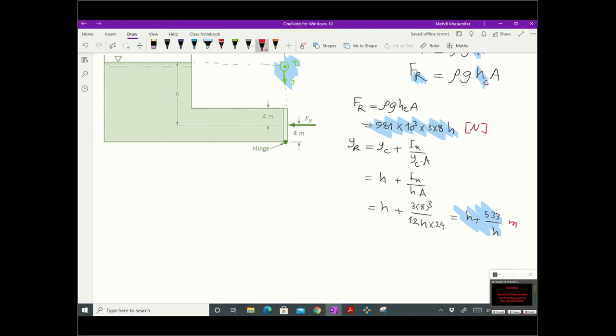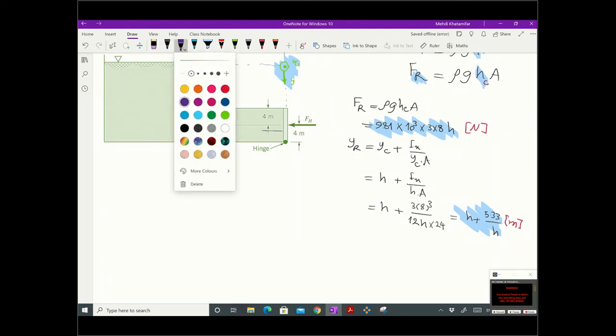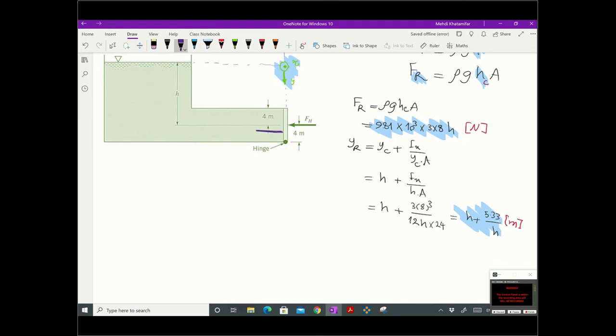So I want to make sure I understand what's happening. That is why I'm going to draw my fr. So this is my fr, the resultant force. The distance from fr to the surface of the liquid is going to be yr, which I found here. So now I need to find h, and h is still unknown.